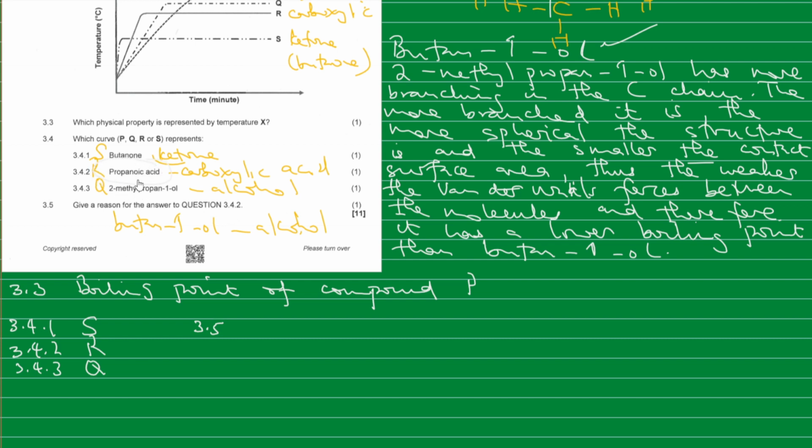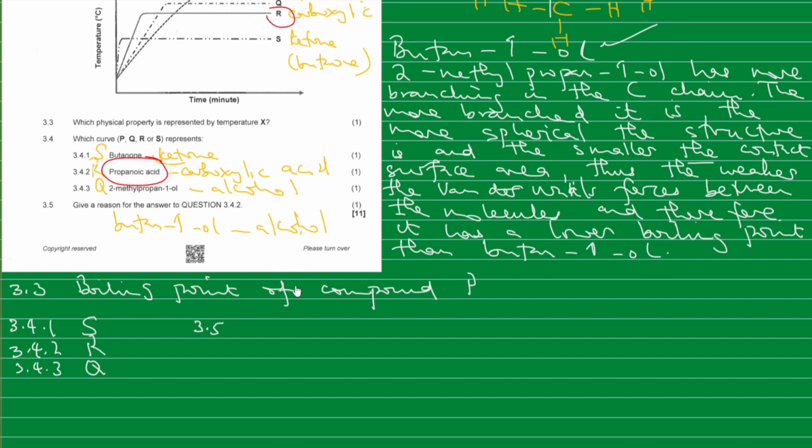Well, I guess this question is trying to ask us, why are you putting the propanoic acid above the butanone and below the 2-methyl, below the alcohol? So why is it where it is here? So give a reason why it has to take that position. There's 1 mark for that.